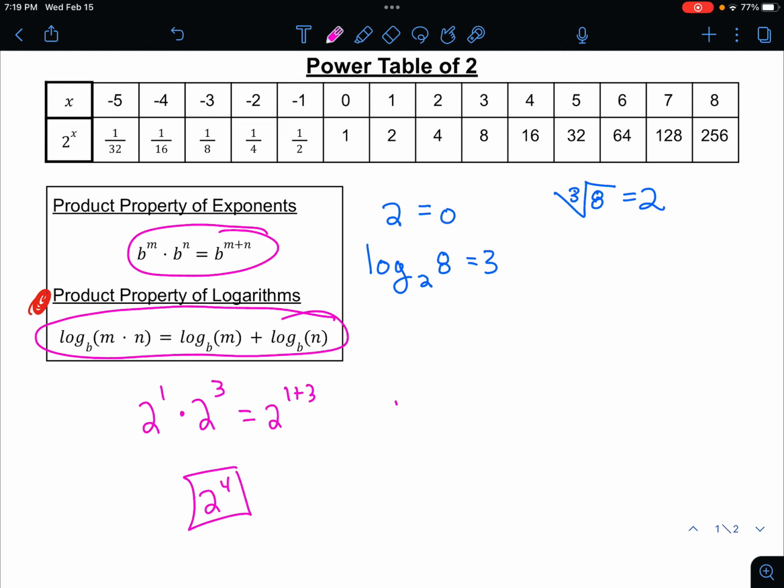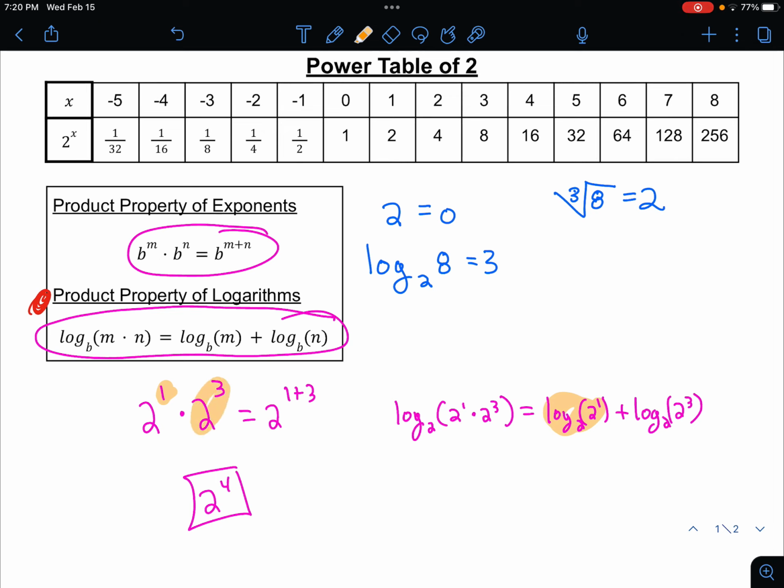So instead, we say log base 2 of 2 to the first times 2 cubed, right, is equal to log base 2 of 2 to the first plus log base 2 of 2 cubed. Because this just represents the exponent 1.